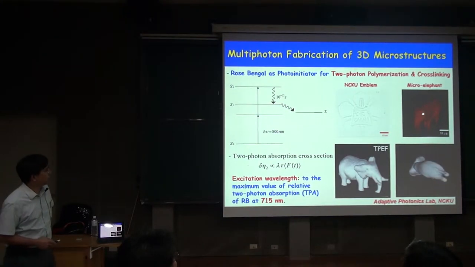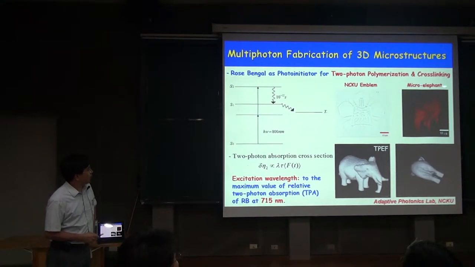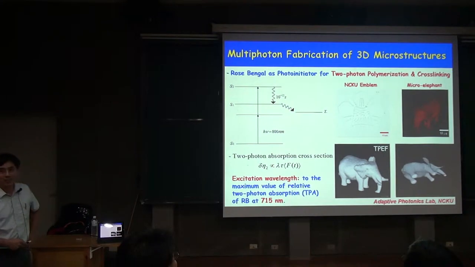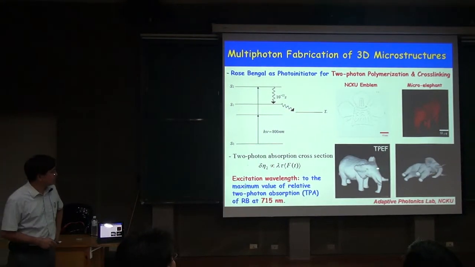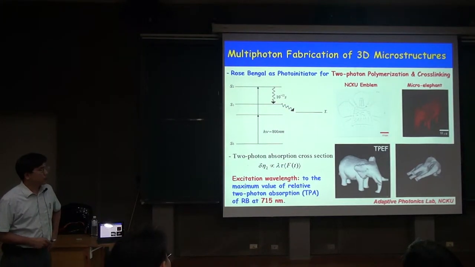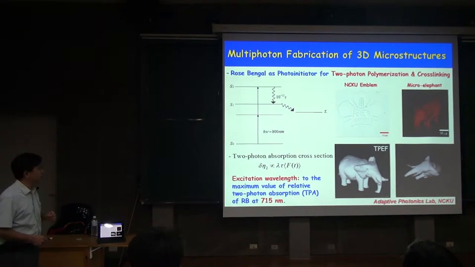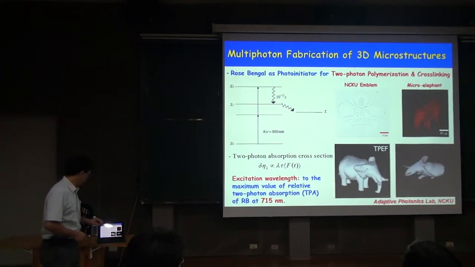So here we can fabricate the micro elephant. The elephant size is around 50 microns. You can see the nose and the teeth very precisely. The resolution can go down to about 100 or 200 nanometers for the fabrication.